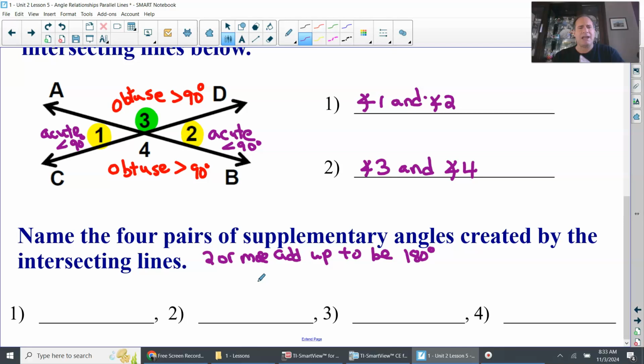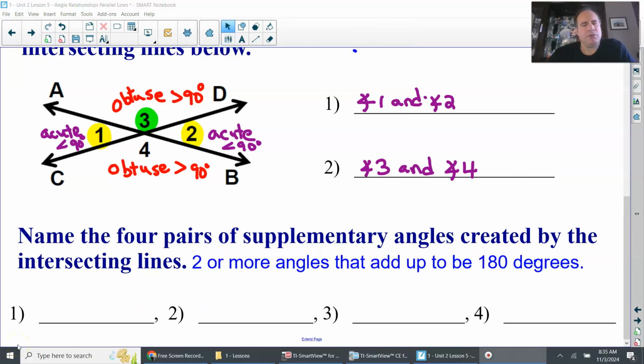It's 2 or more angles that add up to be 180 degrees. So that means if supplementary angles are 180 degrees, if they're next to each other, they look like a straight line. You remember, straight lines create a half a circle. Half a circle is 180 degrees.